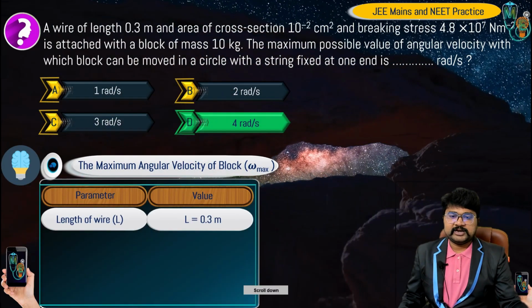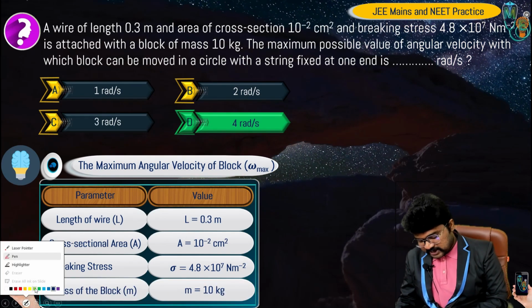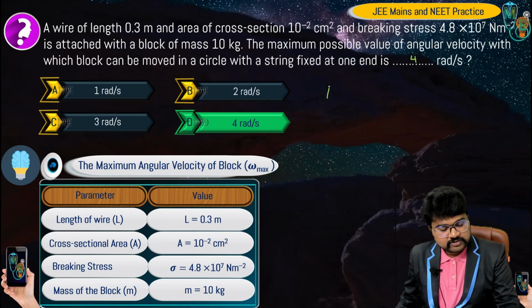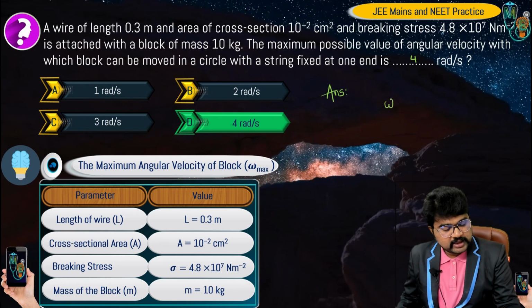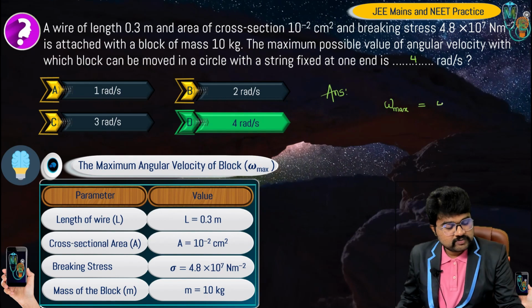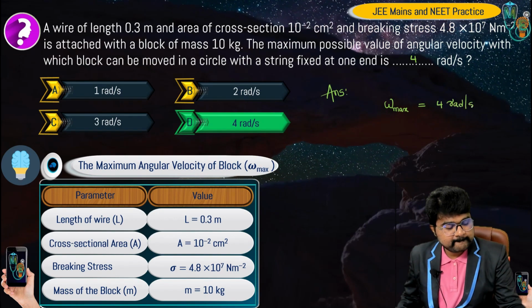Here, this is the data, and finally the maximum angular velocity is 4 radians per second.